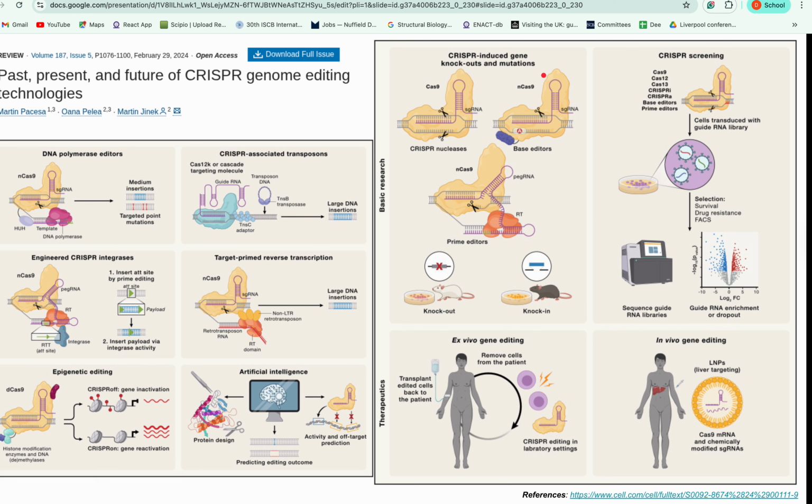Along with this, they have also talked about how we can do gene knockouts, bring mutations, how we can use it in screenings, and how we can do ex vivo and in vivo gene editing, which we have already discussed. So this is the basic research and this is the therapeutic purpose of this CRISPR-Cas9 technology. And this is the functionality, what kind of editing can be done with the help of the CRISPR-Cas9 system. If you're interested, you can go through this.